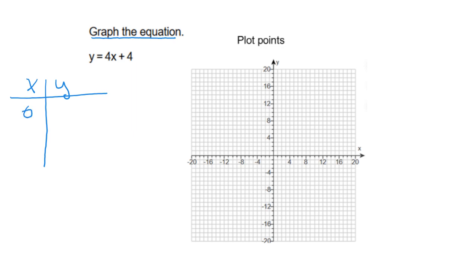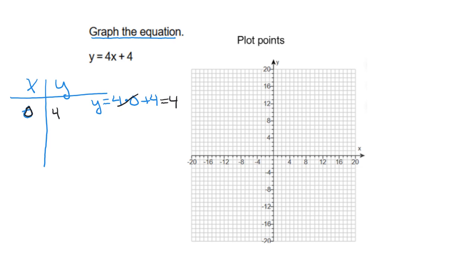Now I'm going to replace that 0 into the original equation where it says y is equal to 4 times my 0 plus 4. Well, 4 times 0 is 0, and that's going to give me y equals 4. So that means my coordinate is going to be 0, comma 4.